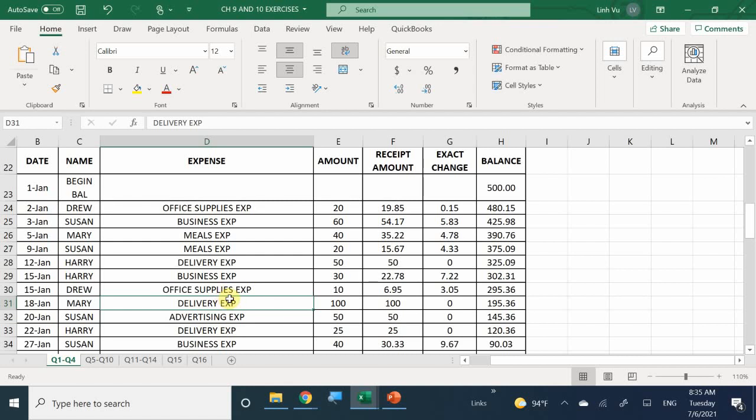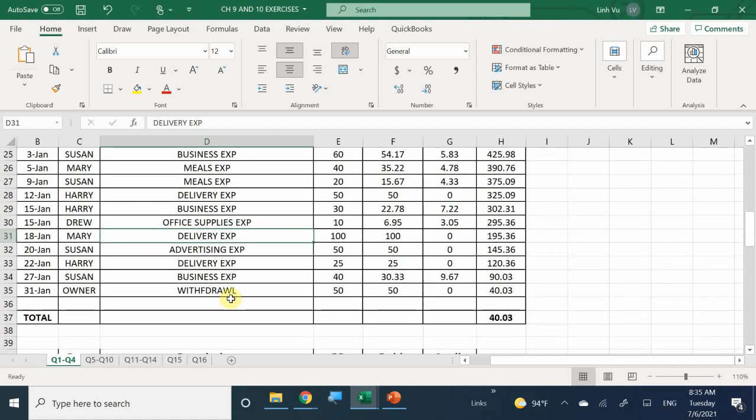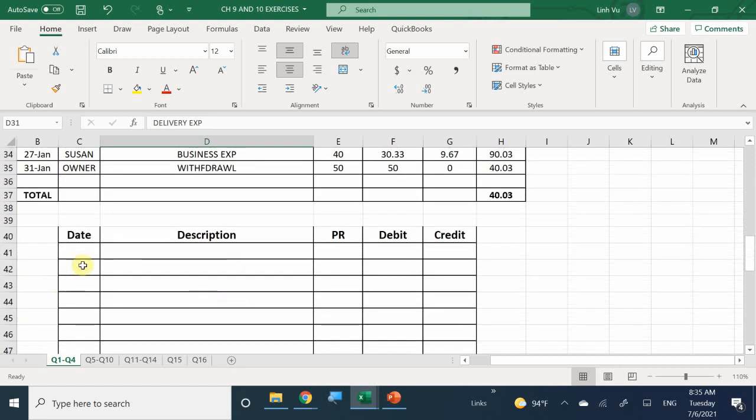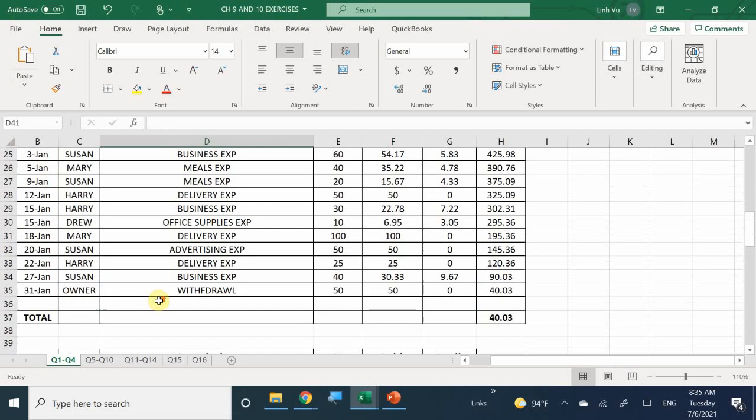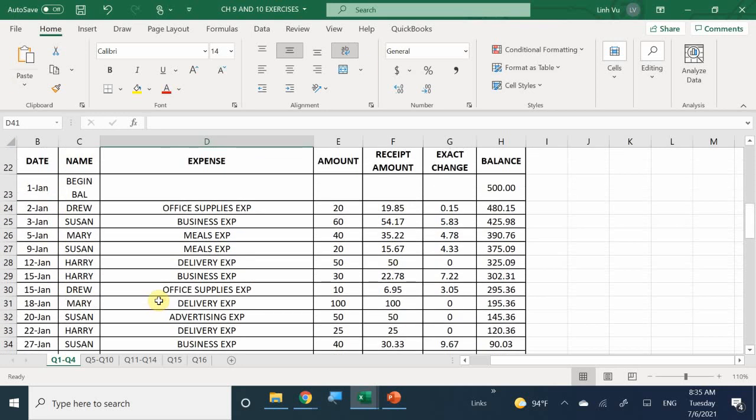Okay, so how are we going to replenish this petty cash drawer? You have to journalize the description of each account, correct? Yes. So let's go ahead and take a look at our first expense that we have here.